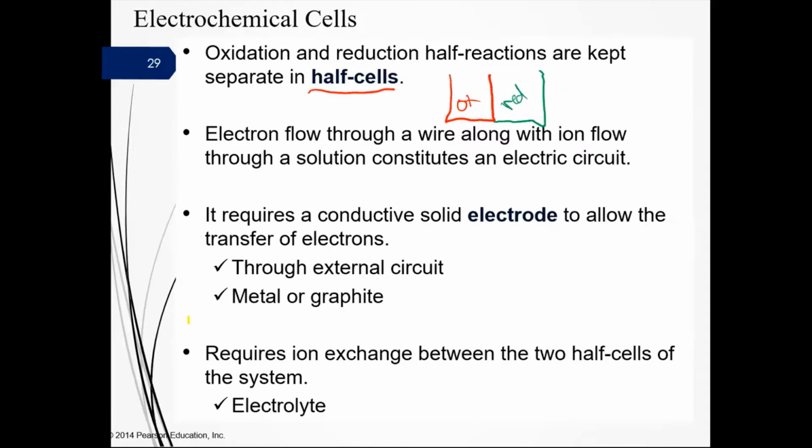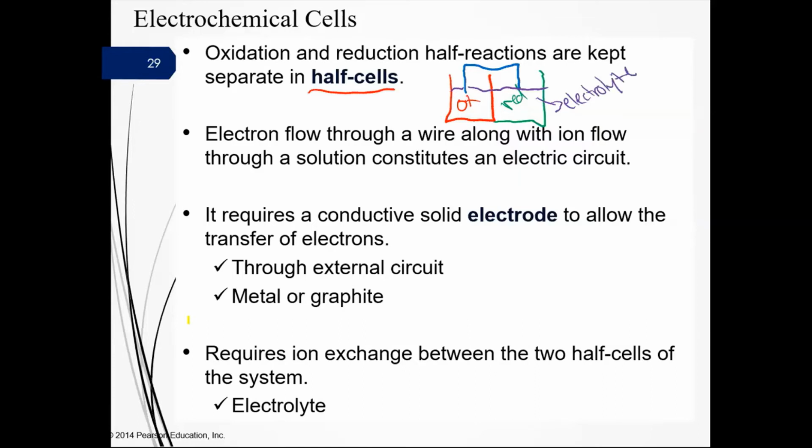So we connect those two things by a wire, and that wire connects one solution to the other for the electricity, the electrons, to flow through. And then in between, we have to have somewhere for those ions to move between those two systems. And so they occur in something called an electrolyte.